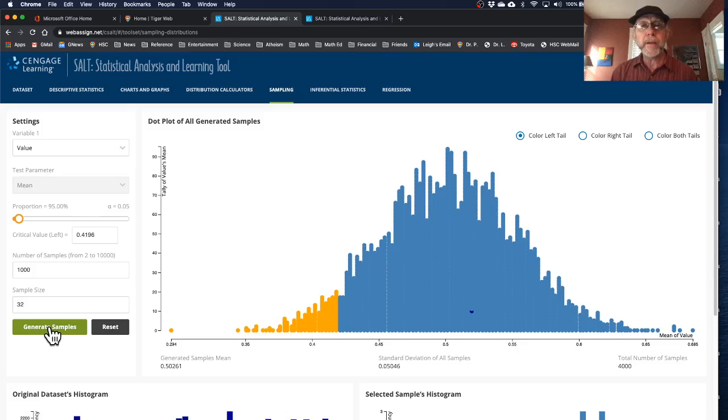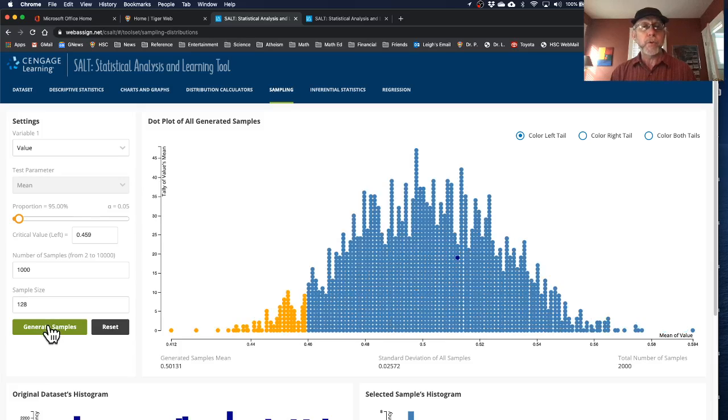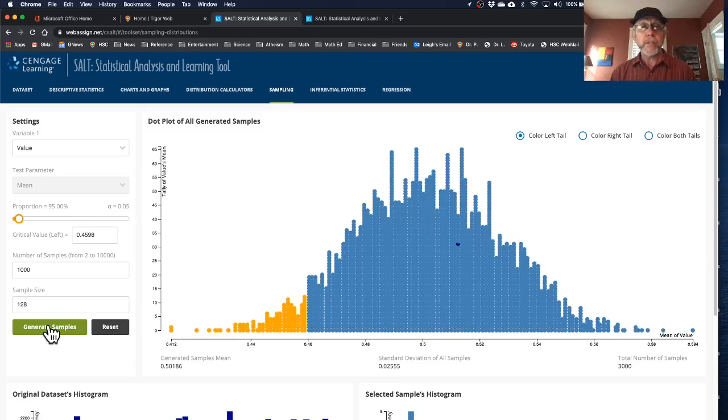And that's beginning to look a whole lot like a normal distribution, a bell-shaped curve. And this process only continues as you go further. And so just for grins, I'll do 128 as our sample size, and you'll see that we have a distribution that is pretty decidedly normal here.